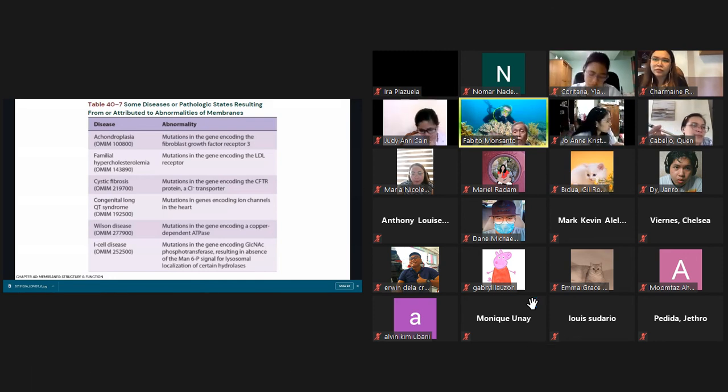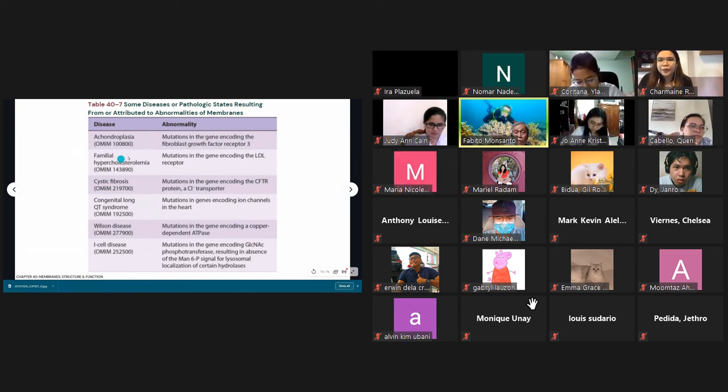LDL will be roaming around in the plasma. And what does LDL carry? Cholesterol. So that is what we call familial hypercholesterolemia. Familial because it is genetic. And the problem is the receptor.